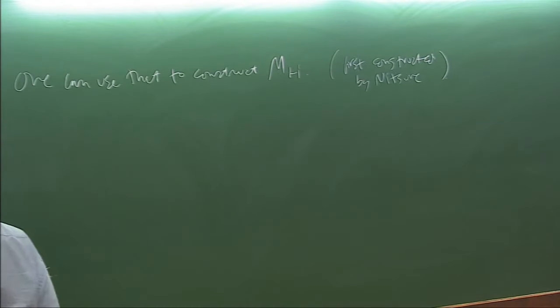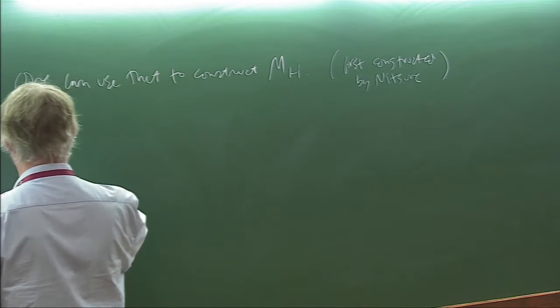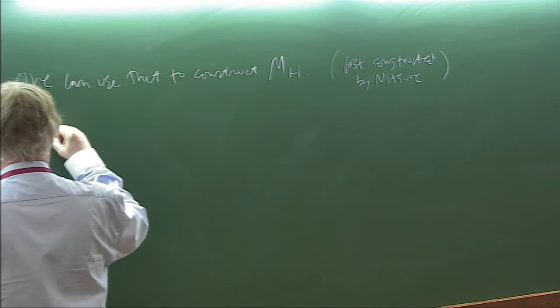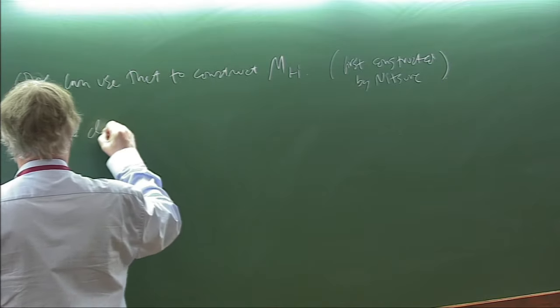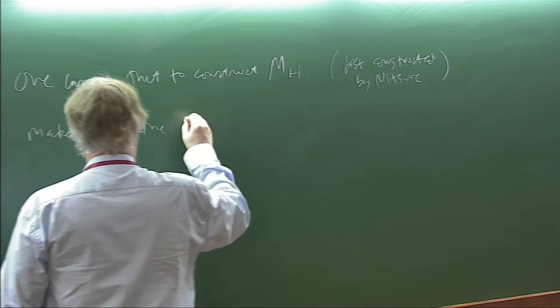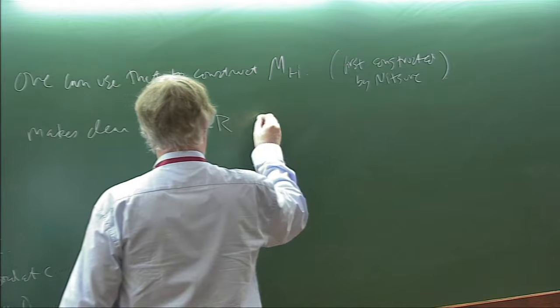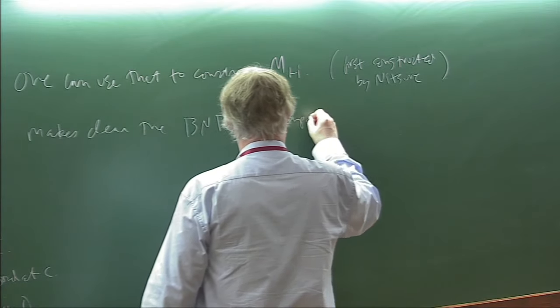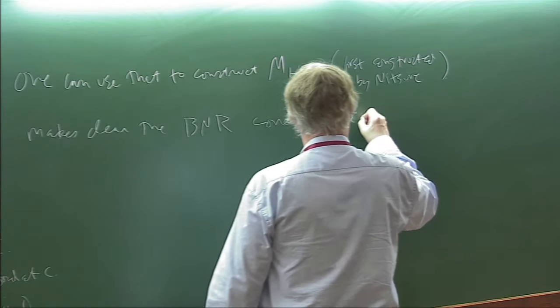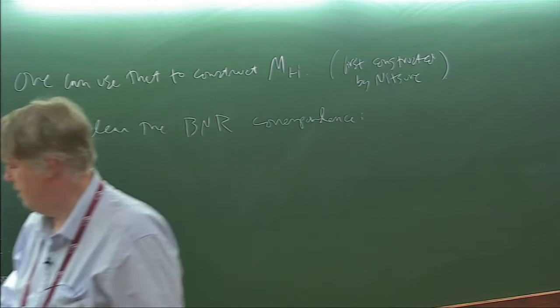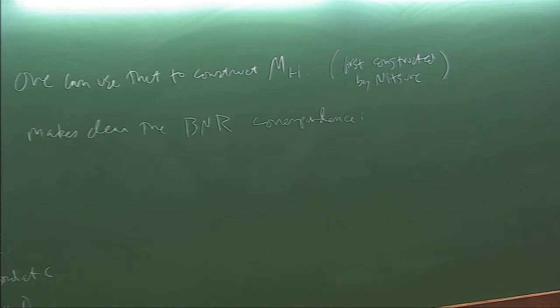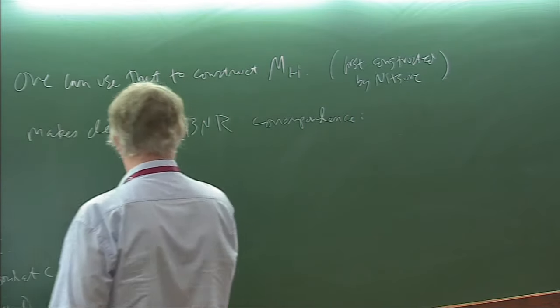But it also makes clear what's called the Bogomolov-Gieseker correspondence, known as the BNR correspondence, which says the following. Maybe that's usually stated in the case where F has rank 1 over its support.